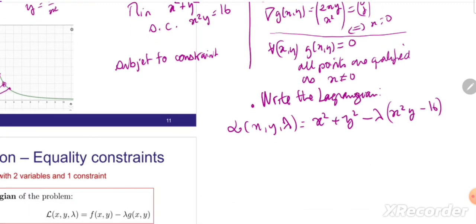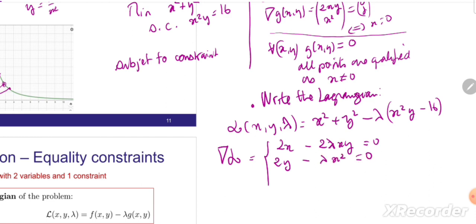Next thing we do is we want the first order conditions, so the gradient of my Lagrangian in all its variables. So in x, 2x minus 2 lambda xy has to be equal to 0. And then 2y minus lambda x squared has to be equal to 0. And finally, my constraint, x squared y minus 16 equals 0.